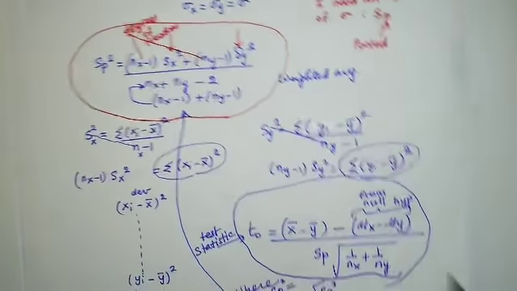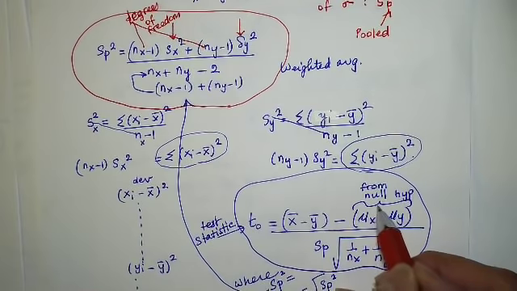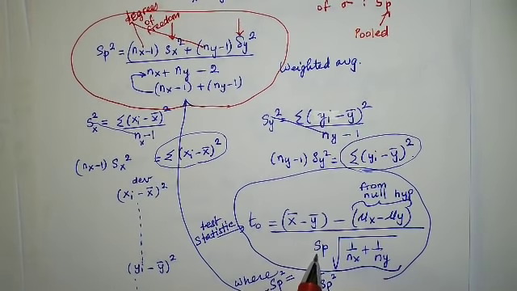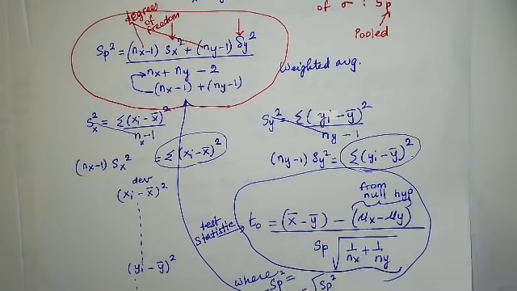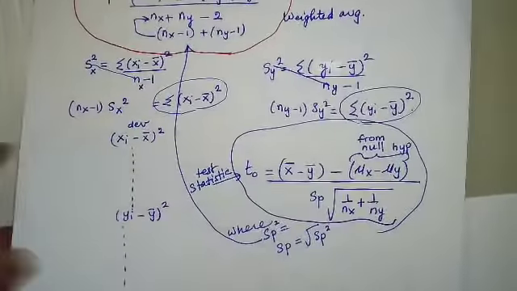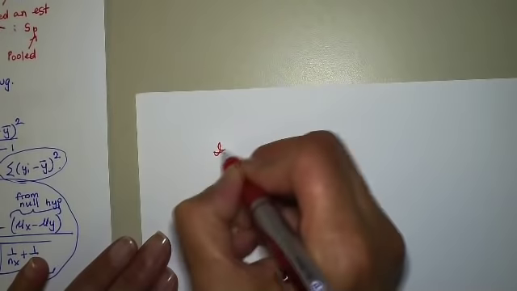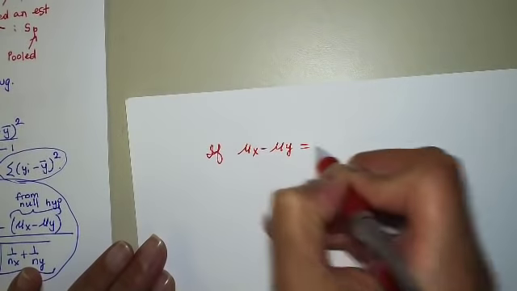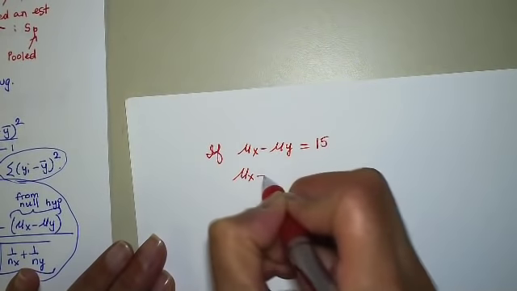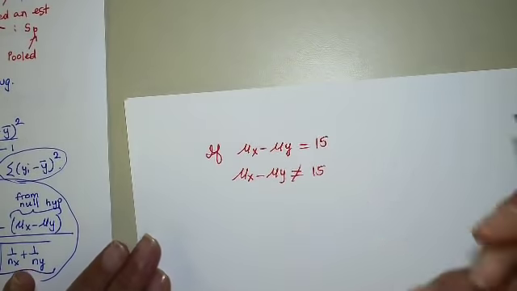So in this T formula, this part would now be 10, not 0. But you can still pick up the SP from the calculator. The pooled sample standard deviation. This is the square root of the pooled variance, right? So this SP value can still be gotten from the calculator. And the rest is not so difficult to plug in.